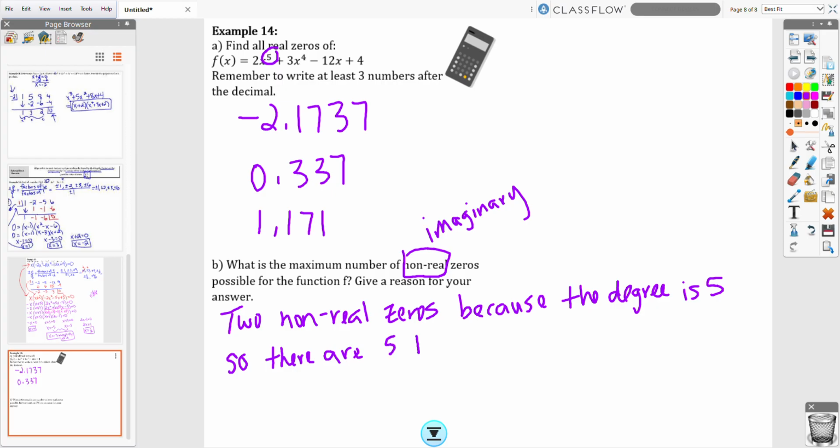There are 5 total complex solutions, or zeros, and 3 of them are real. So that means there should be 2 non-real zeros. 5 minus 3 is 2.